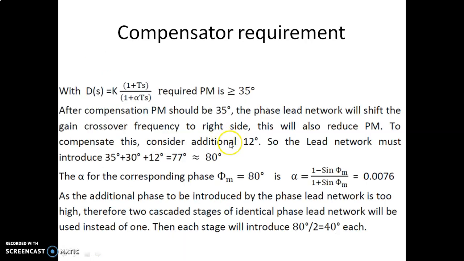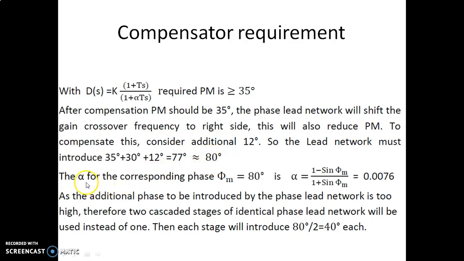Let us consider the maximum possible allowance for design as 12 degrees. Here, the requirement is 35 degrees, plus another 30 degrees because we actually have minus 30 degrees as the present phase margin and we are supposed to overcome that, and this plus 12 degrees is due to the shift in the omega GC. So overall it comes out to be 77 degrees as the phase that needs to be inserted by the compensator network, which we approximate as 80 degrees.